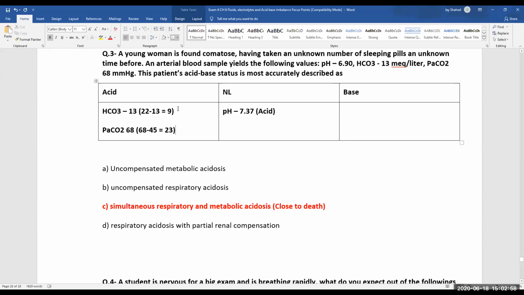Is it compensated? It's uncompensated. Or is it? Yeah, it's fully compensated because it's still within normal values. Is it partially or full? I think it's partial because they're going in the opposite direction. Right. So what's your diagnosis?